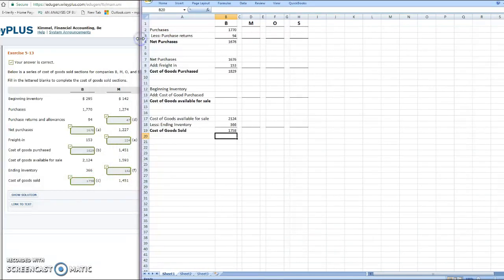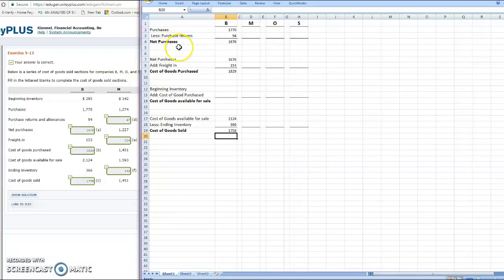For company M, we're going to be using the same formulas, but we'll be plugging in different numbers to find the amount that's missing. So for company M, they want us to figure the amount for the purchase returns and allowances.